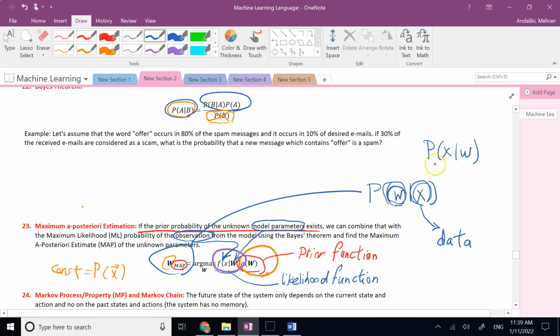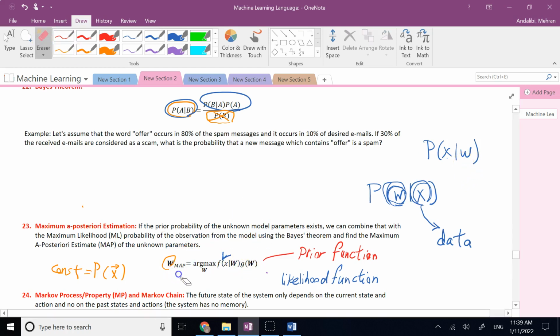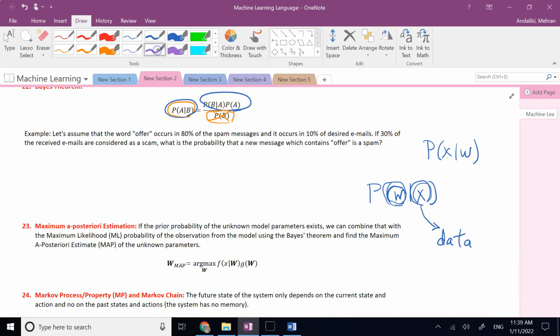And what's the difference between these two? Because both of them, the first part is the same. If you look, the first part of both of these functions is f of x and w, or p of x and w. So what is it that this maximum a posteriori has extra? That's this term only, the prior function.